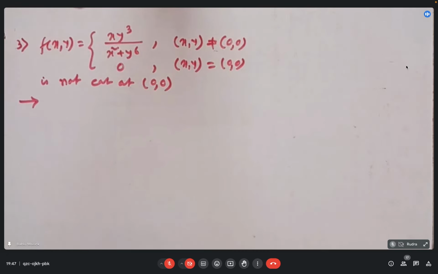So we shall basically try to show that the limit does not exist.